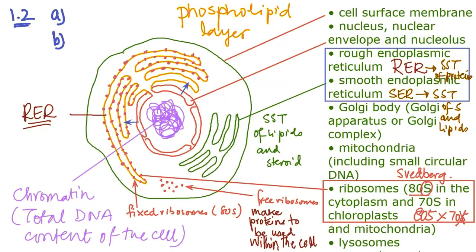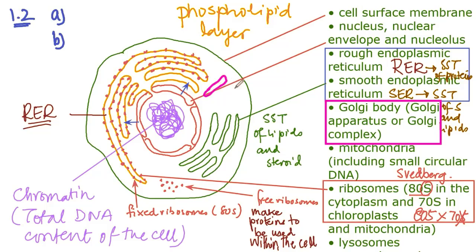The next organelle which we're going to talk about is the Golgi apparatus or Golgi bodies. These Golgi bodies are present very close to the rough endoplasmic reticula, and they are involved in the packaging of proteins.